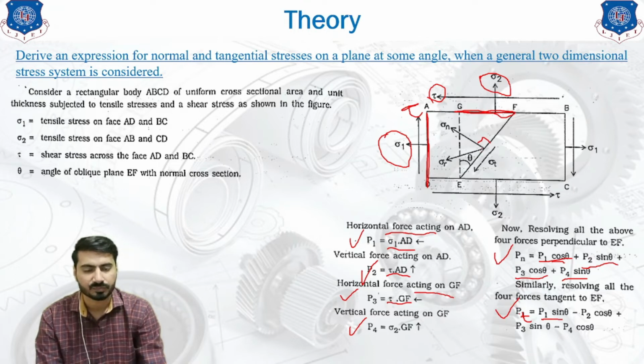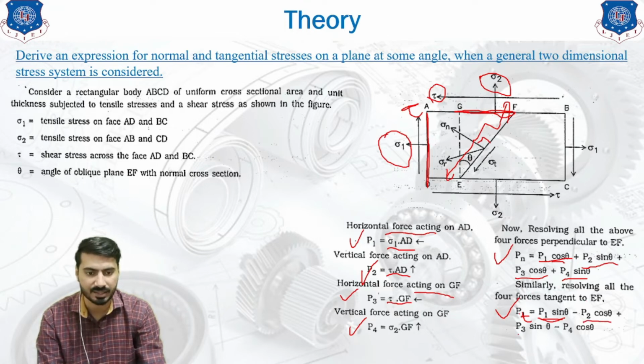So what do we do now? We need to find out which force is going in this direction, let's say inclined downward, and which force is inclined upward. So this one is going in this manner. P2 will definitely go in the opposite direction; that's why we have taken it as negative.